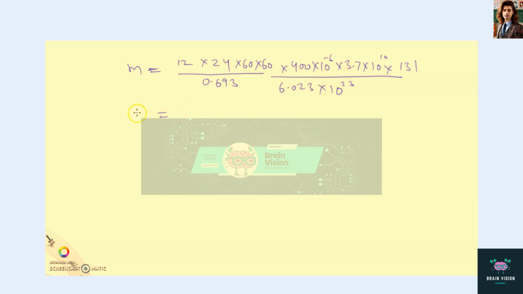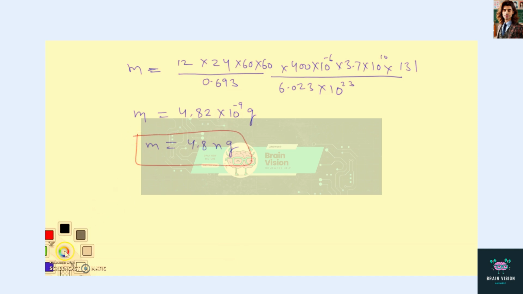If we calculate all these things, it comes out to be 4.82 × 10^-9 gram, or we can say this is 4.8 nanogram. This is the mass of the sample which was spilled in the laboratory, and it becomes the answer for the first part of the problem.